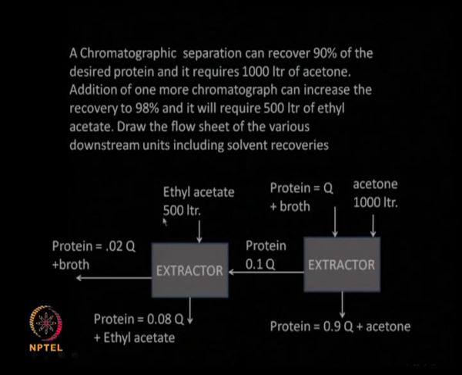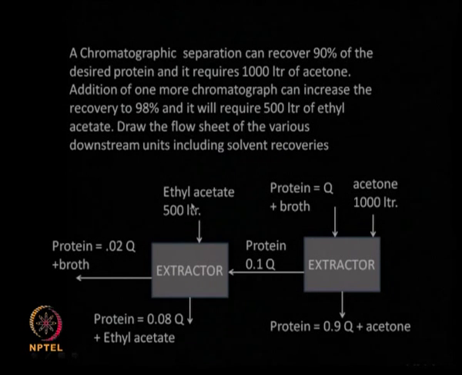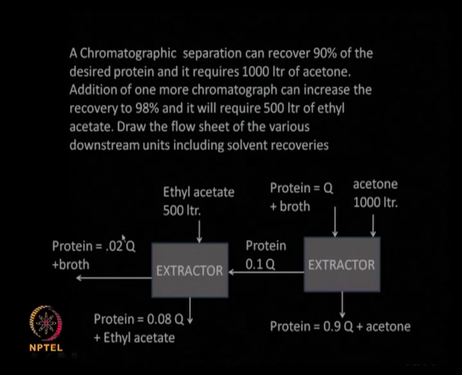Now what you do, you put in another extractor and now you are using ethyl acetate and you are using 500 liters of ethyl acetate to recover. Now the extraction efficiency becomes 98%, that means only 2% is lost, whatever you started with only 2% is lost here. So you have 8% coming out with ethyl acetate fraction, understand.